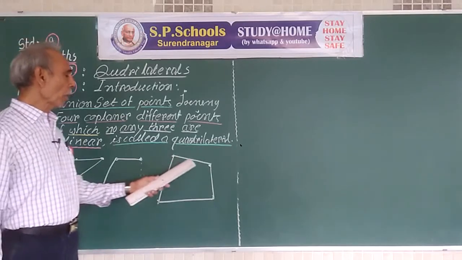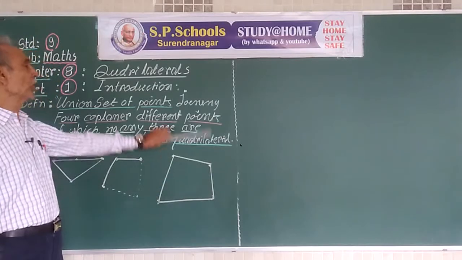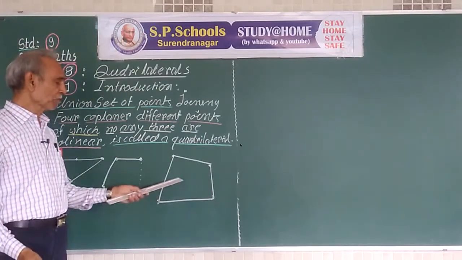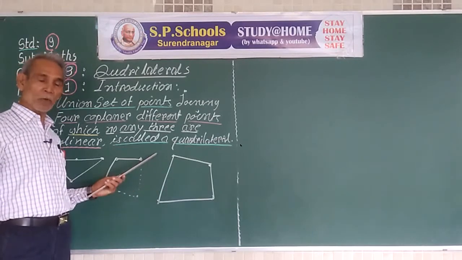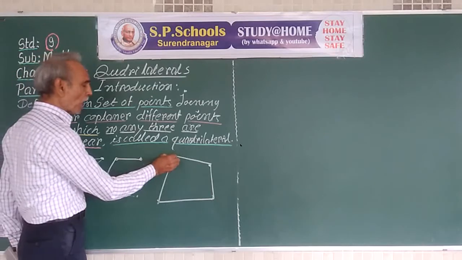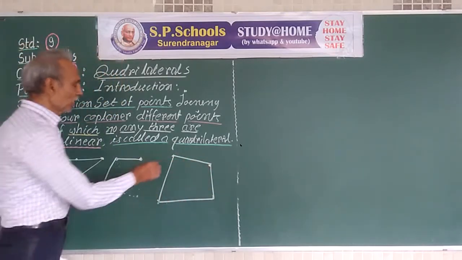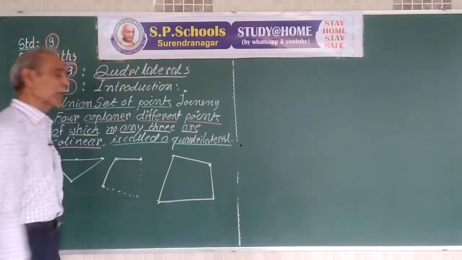Thus, a quadrilateral is a closed figure. It divides the plane into 3 parts: the interior of the quadrilateral, the exterior of the quadrilateral, and the points of the quadrilateral itself. These points are called vertices of the quadrilateral.